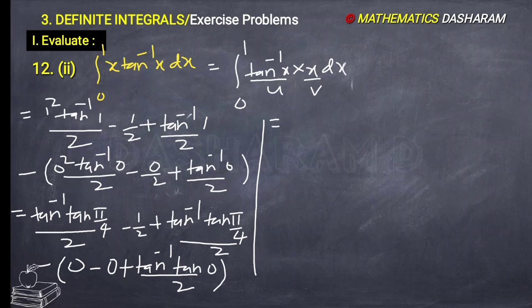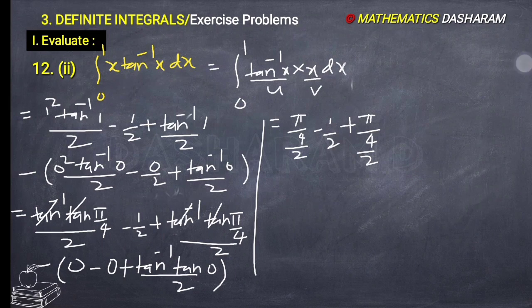So here tan⁻¹ and tan cancel: π/4 divided by 2 − 1/2 plus, same here, π/4 by 2, minus the bracket of tan⁻¹ cancel, 0/2 is 0, then overall it is 0.